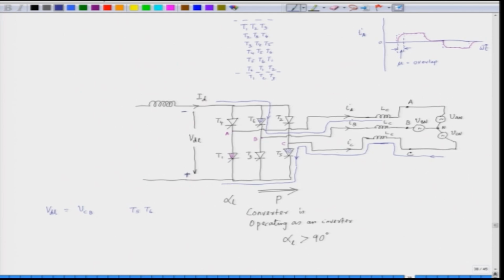So, when we trigger T1, this will also pass a current.